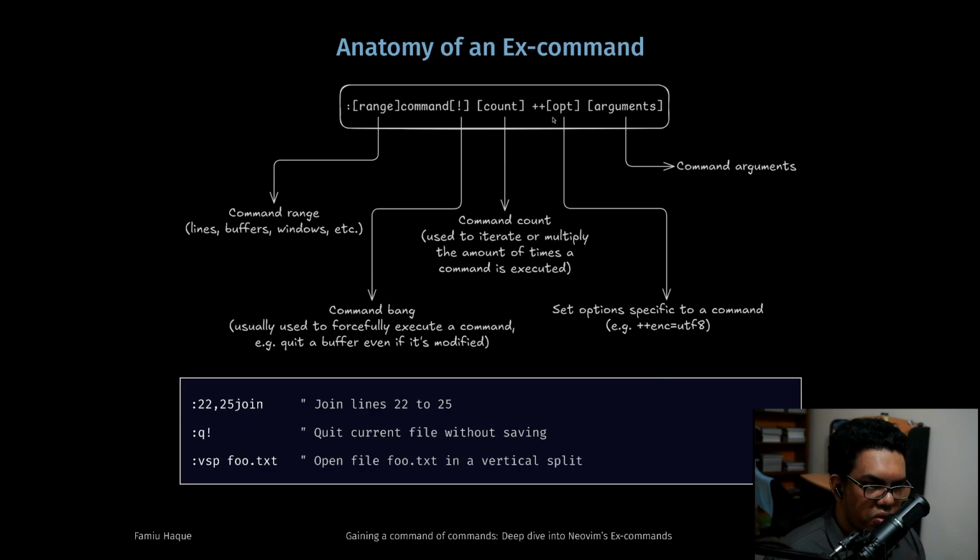Then you have this ++opt argument, where some commands support a way to set some options for that specific command. Like if you do write ++enc=utf-8, that basically means you're setting the encoding to UTF-8 for that command. And then you have the command arguments. I don't think that needs much explanation. Commands can take a set of arguments. That's about it.